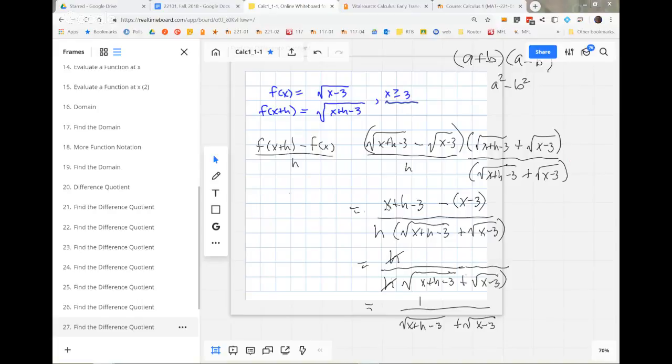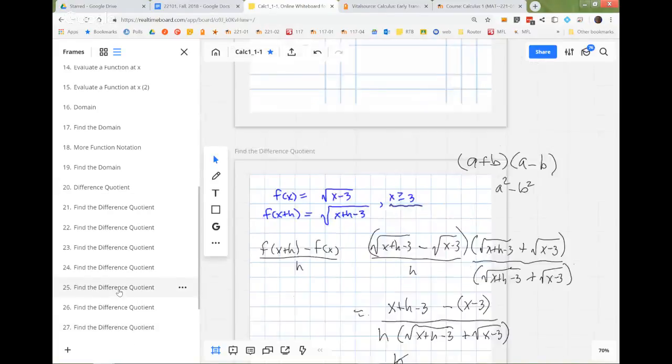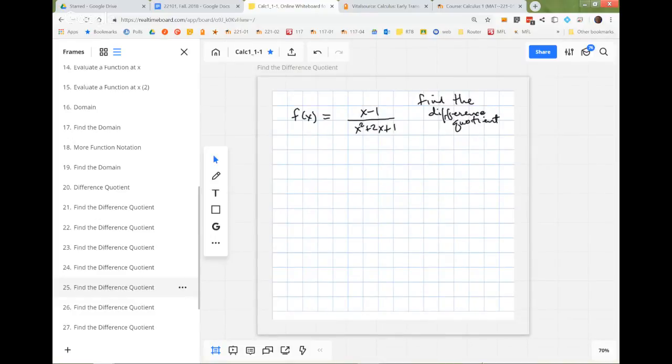All right, let's go back and do this fractional one now. This will be another good practice session. So here we have a function, x minus 1 over x squared plus 2x plus 1. And the goal, find the difference quotient. So I'm not going to write it down this time, but what's the difference quotient? F of x plus h minus f of x all over h.